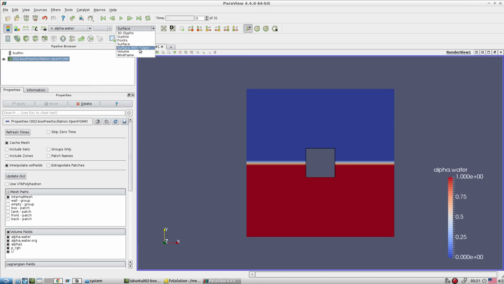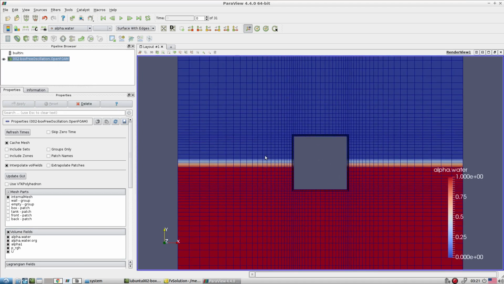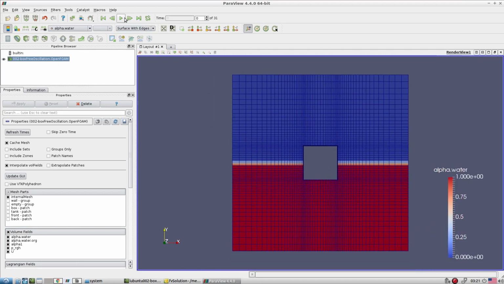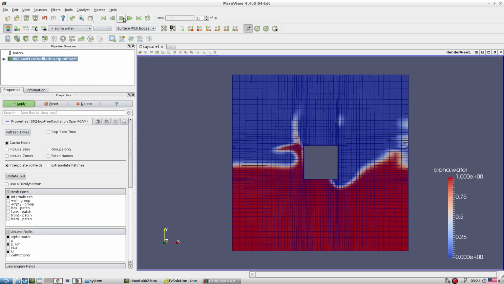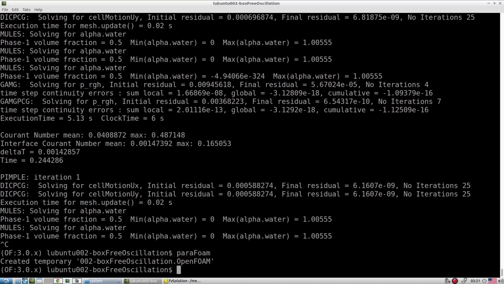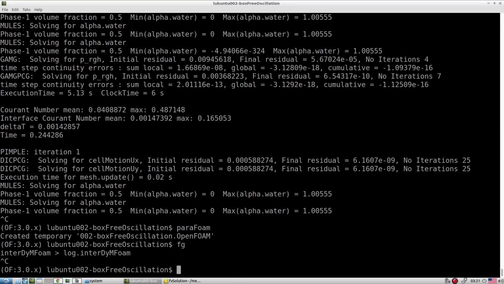And then let's check how exactly the motion looks like. So this is what we constructed till now, and I already ran that case. I will show you its animation.